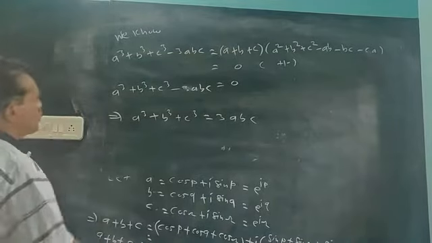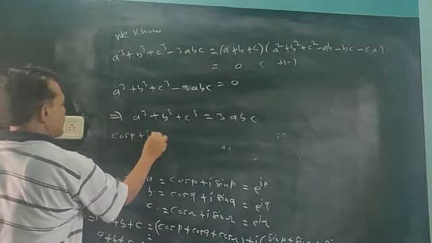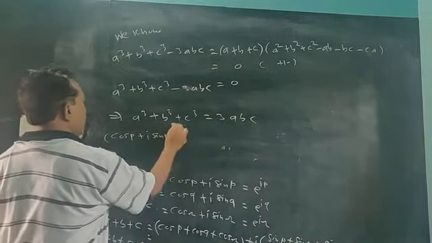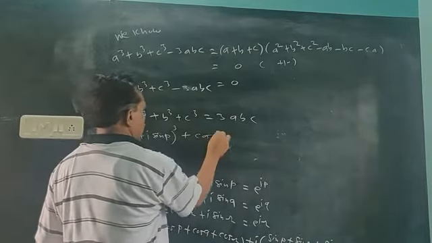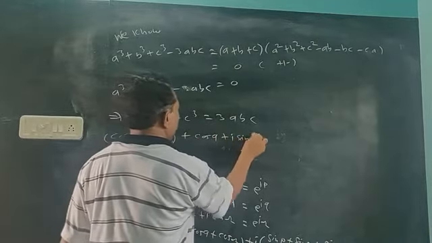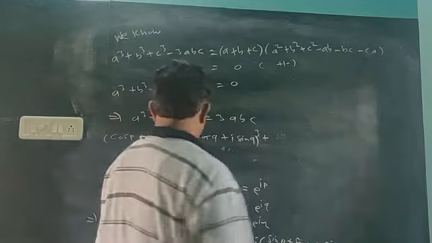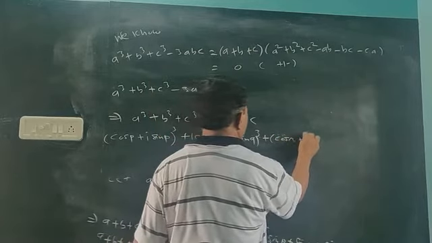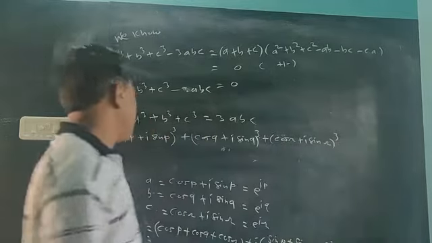a cube, b cube, c cube. a we know is (cos p plus i sin p) raised to power 3. b means (cos q plus i sin q) raised to power 3. c means (cos r plus i sin r) raised to power 3.